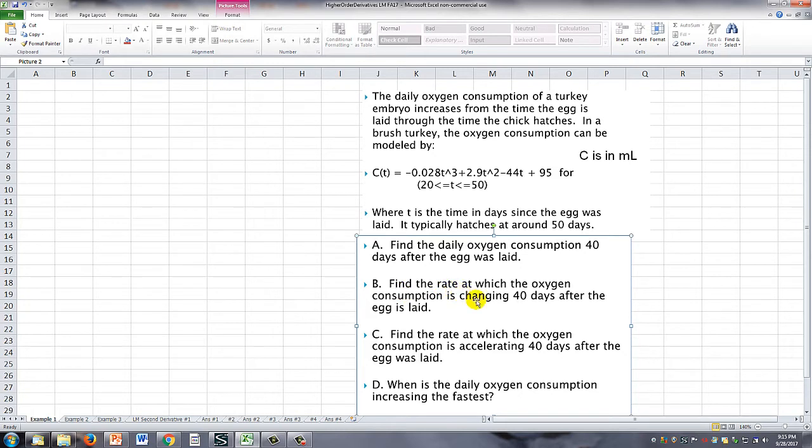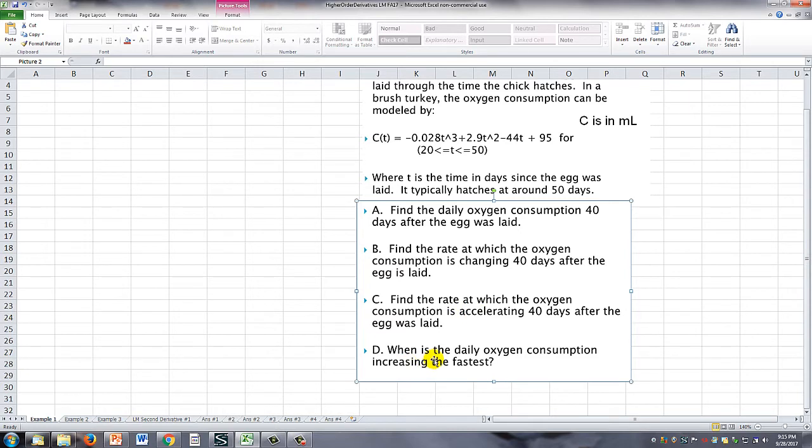We're looking for a rate of change, so that would be the first derivative. And then C, find the rate at which the oxygen consumption is accelerating 40 days after the egg was laid. That's the second derivative. And then D, when is the daily oxygen consumption increasing the fastest? That is a point of inflection, and you find it by goal seeking the second derivative to 0.